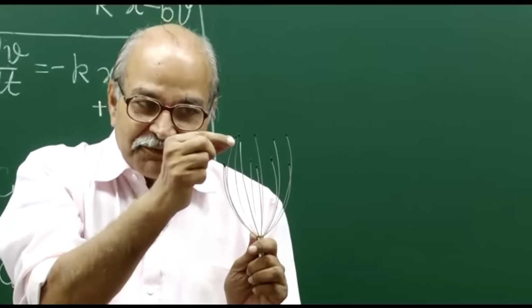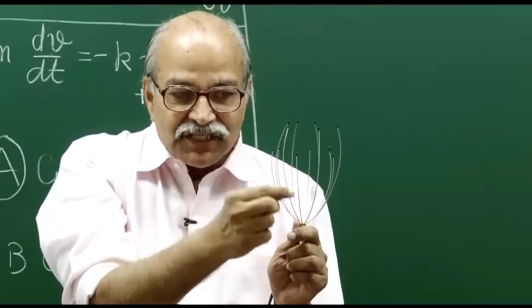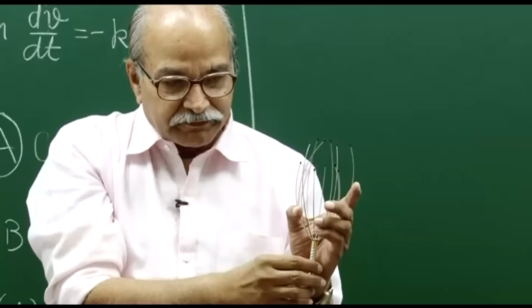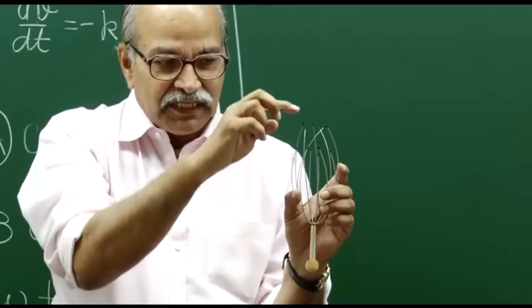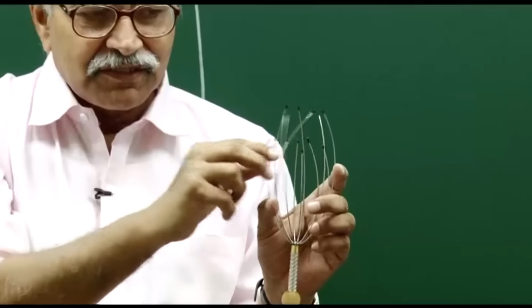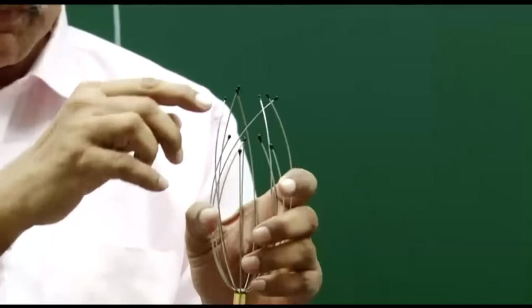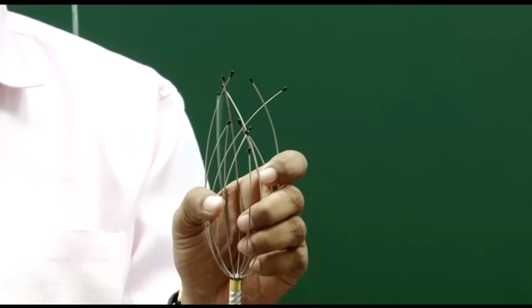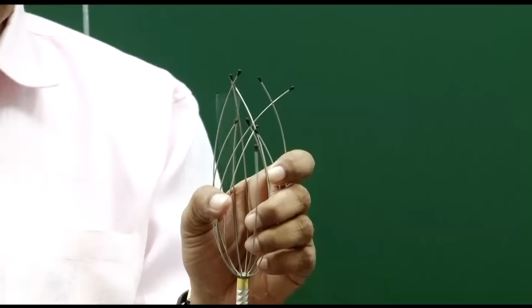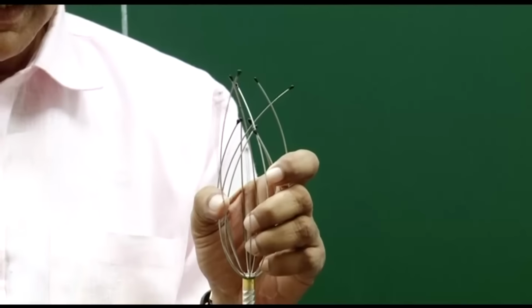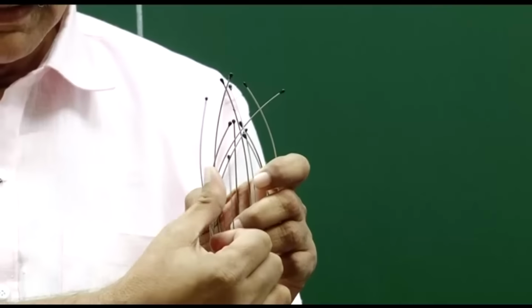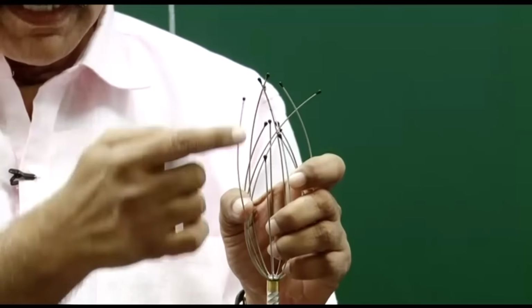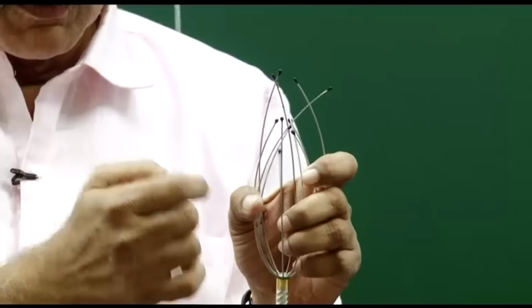Now, the different lengths correspond to different frequencies. Just think of these two. If I pull this one apart, look at the frequency, and if it is this one, it is a different frequency. This frequency is larger and this frequency is smaller.